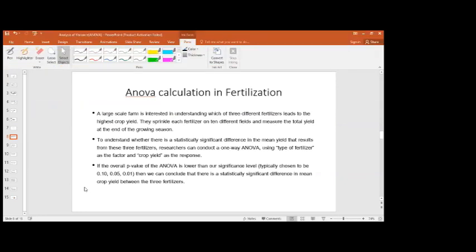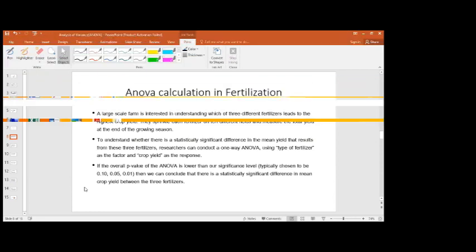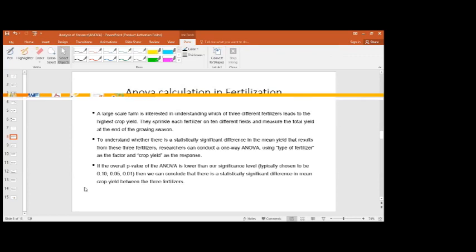So ANOVA calculation in fertilization. A large-scale farm is interested in understanding which of three different fertilizers leads to the highest crop yield. They sprinkle each fertilizer on 10 different fields and measure the total yield at the end of the growing season.